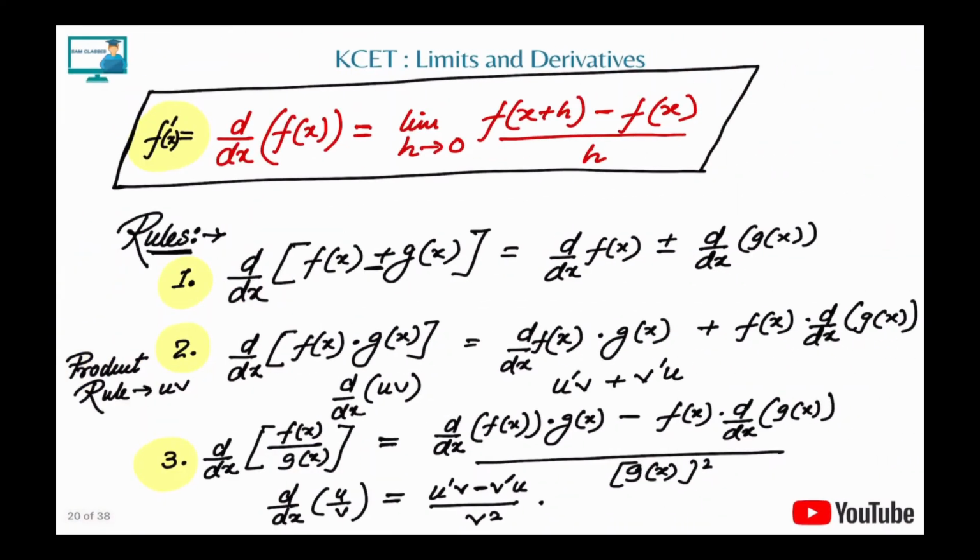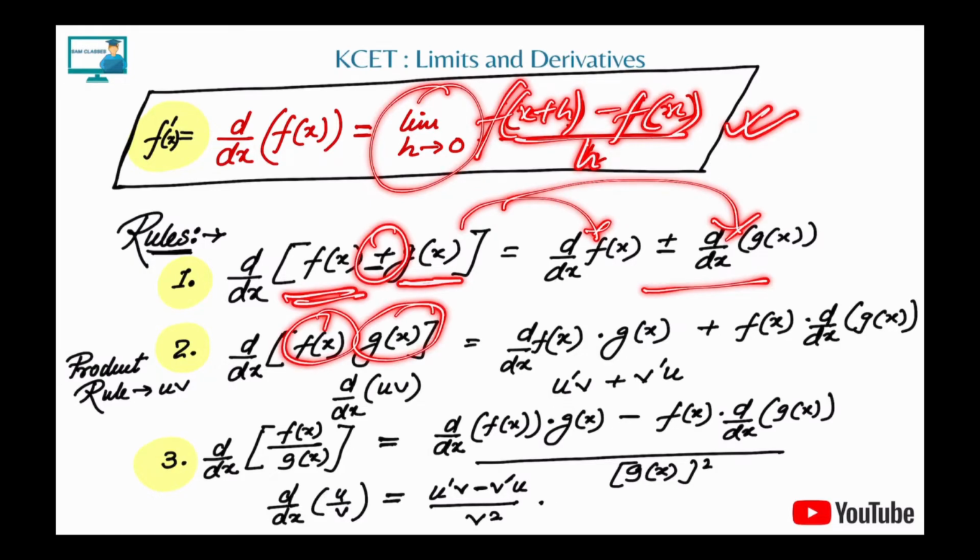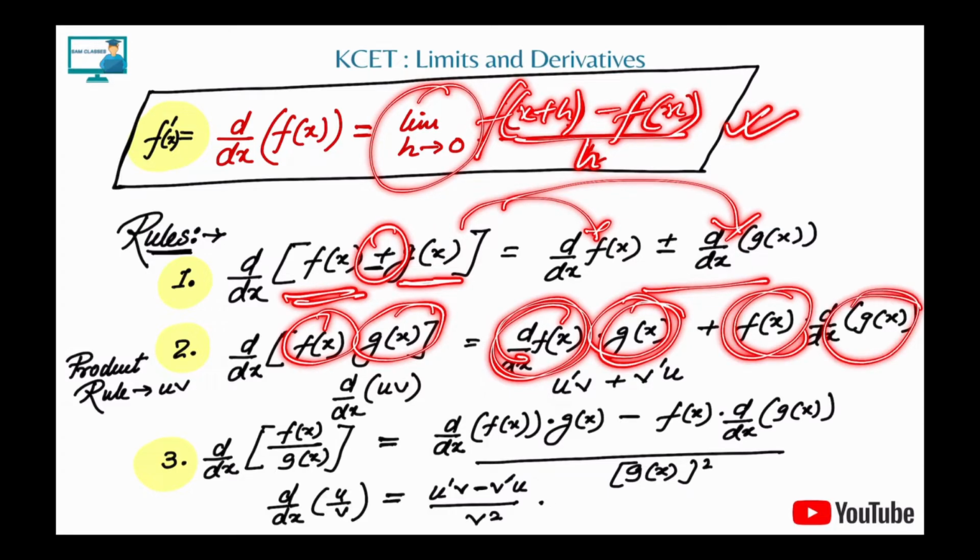Now a few important formulas. We already know f dash x is nothing but limit h tends to 0 of (f(x plus h) minus f(x)) by h. That's it. For plus and minus, you can just differentiate separately. We know the UV rule, correct? Differentiate the first function, leave the second as it is; differentiate the second function, leave the first as it is.